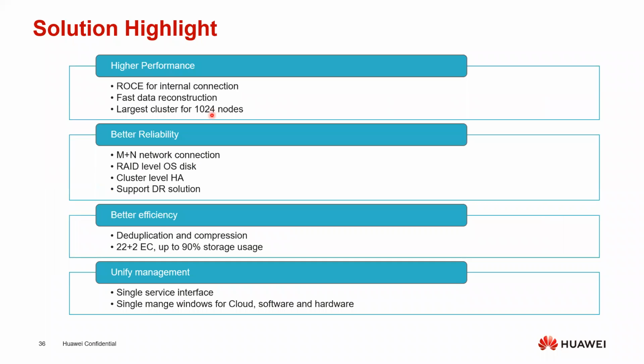You have up to 1024 nodes supported in the cluster, and you have the reliability factor for the storage side. M plus N is your erasure code technology. You can create node level, you can create cabinet level also. You can create the redundancy and reliability, and cluster level high availability, which is supported by part of our FusionSphere technology and a DR solution.